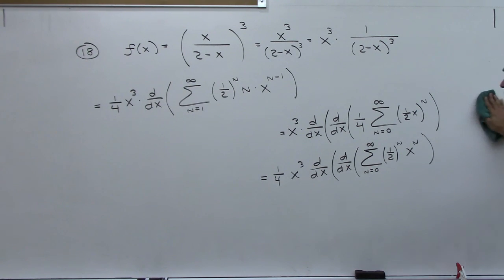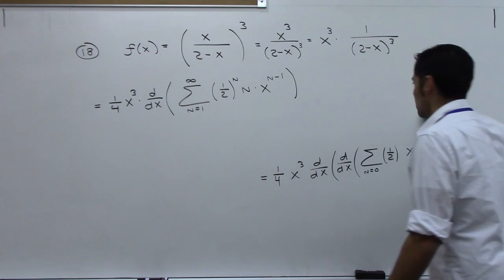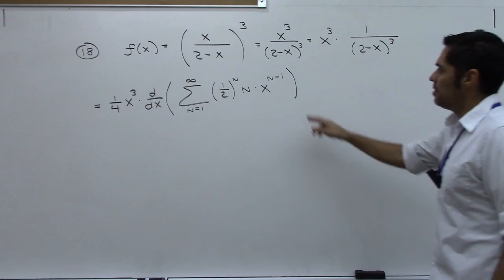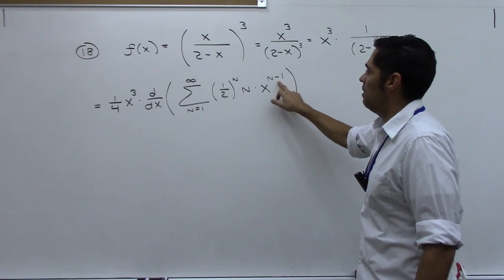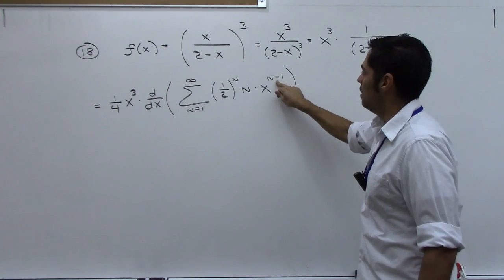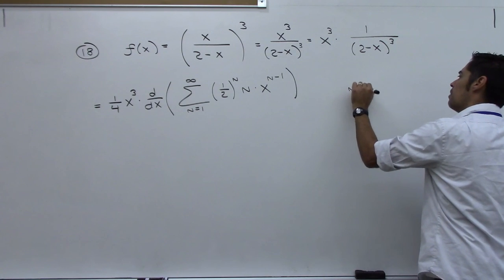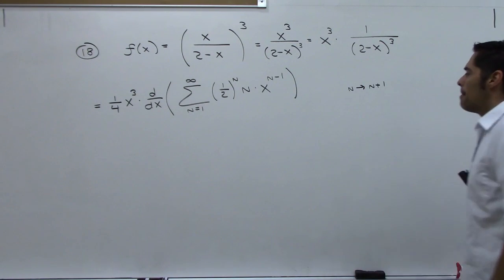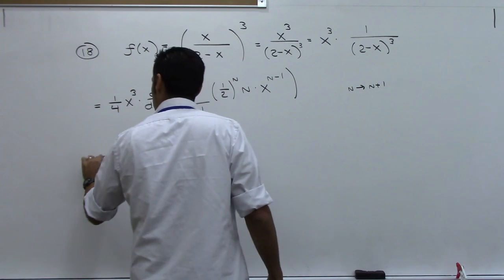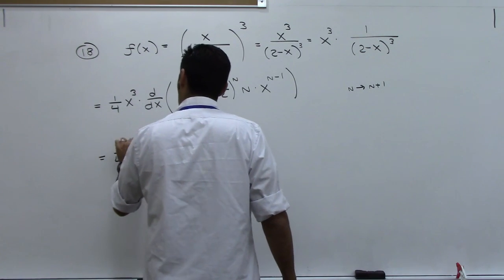Now, if we're going to do this derivative a second time, what I'm going to need to do is get this thing to be x to the n, not x to the n minus 1. So I need to do a quick switch here. If I want to make that x to the n, I need to replace all my n's with n plus 1s. I'll let you do that on your own.